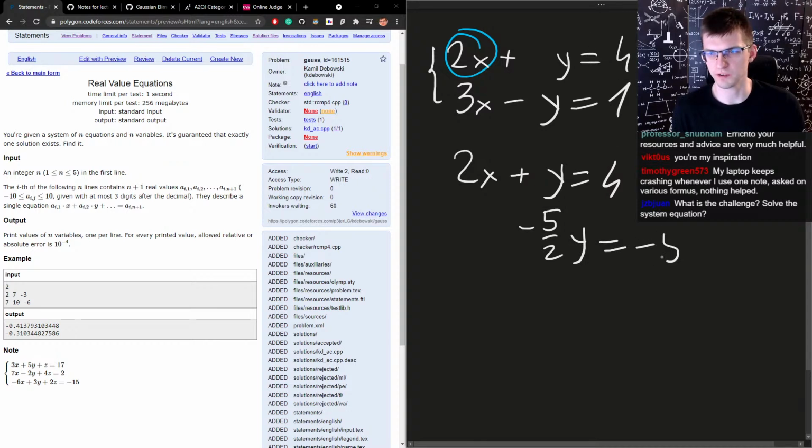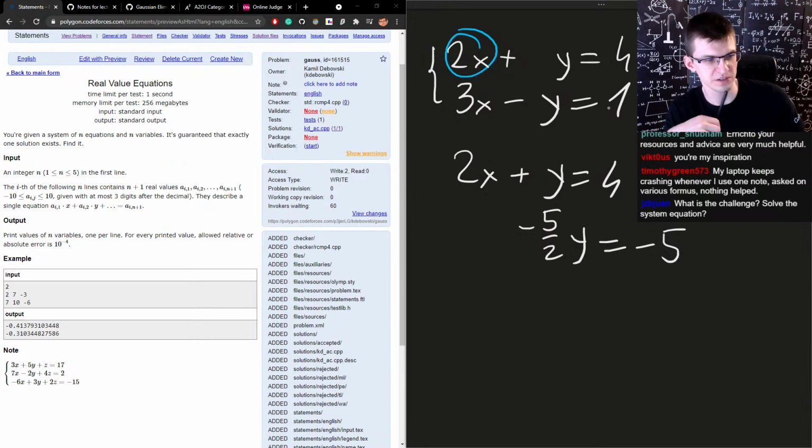I think it's minus 5. Did I get an integer solution actually? Yeah, x is 1, y is 2. That was a little bit too easy. Maybe it's good to change something. I don't want to get integers by coincidence.